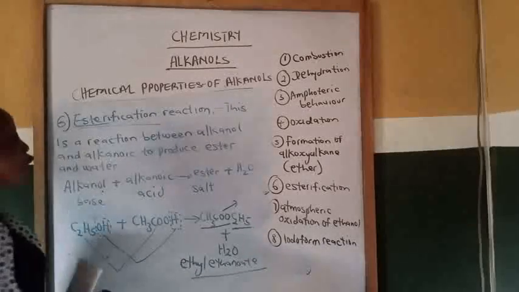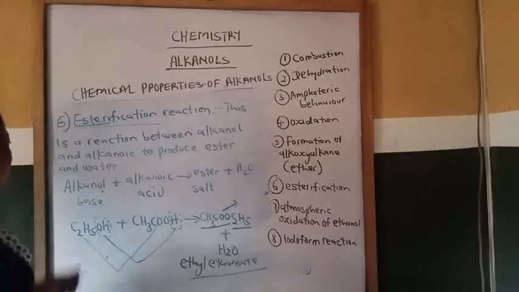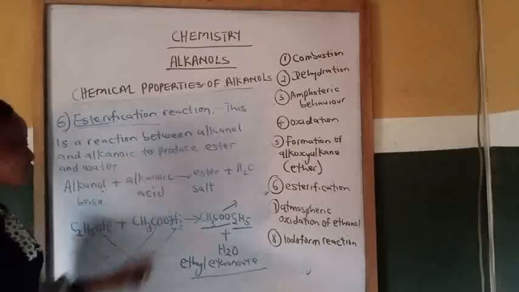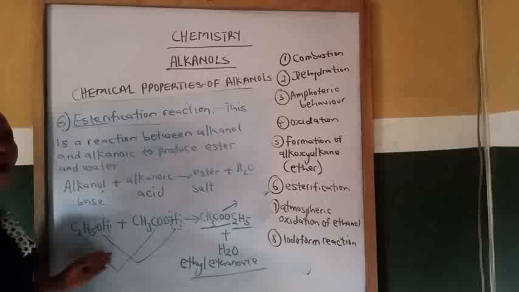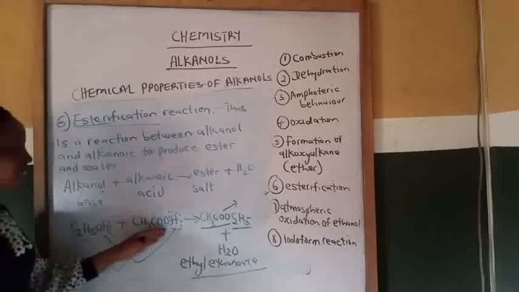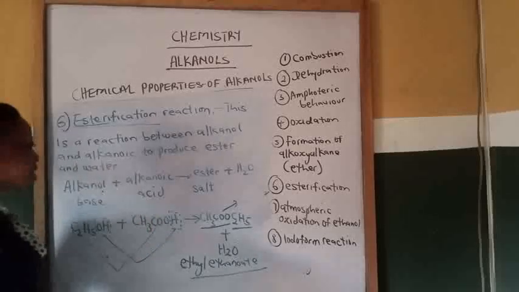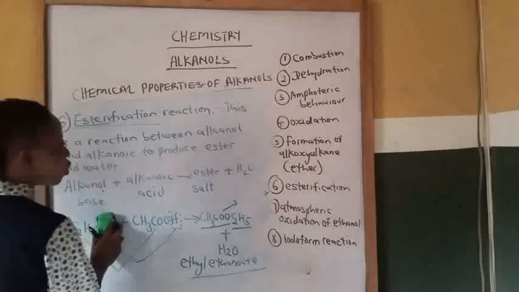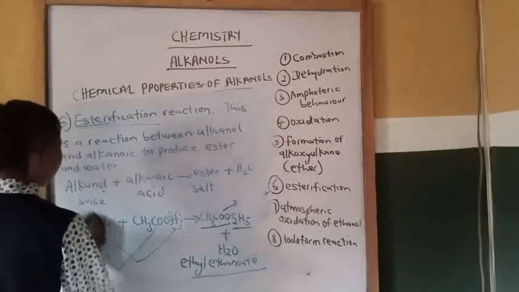So let me give you one more example under the reaction between alkanol and alkanoic acid, because they can give you any member of alkanol and any member of alkanoic acid. So let's take another example before we proceed to number 7.